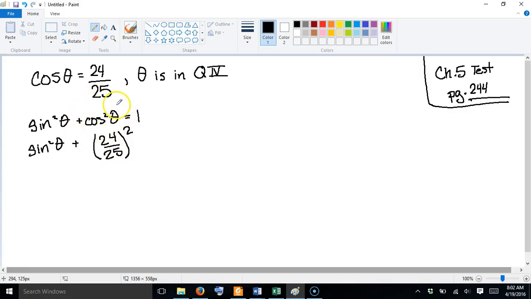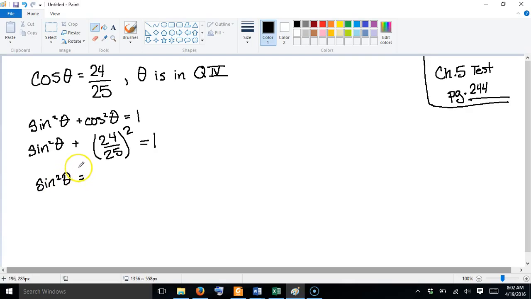And whenever you square this number, if it's negative, it becomes positive. So this right here is not minus, it is positive. It stays that no matter what because it is being squared. So whenever we square this number, we are going to subtract it from 1, not add it if it's negative, okay? Let's do that.